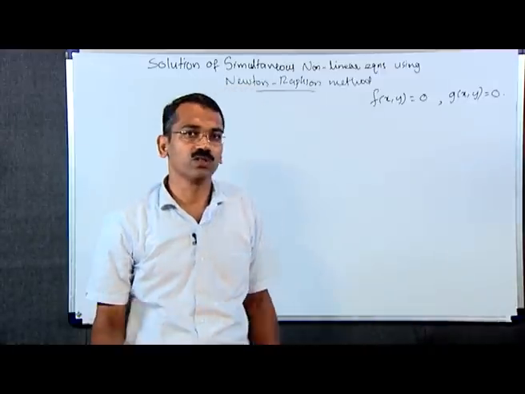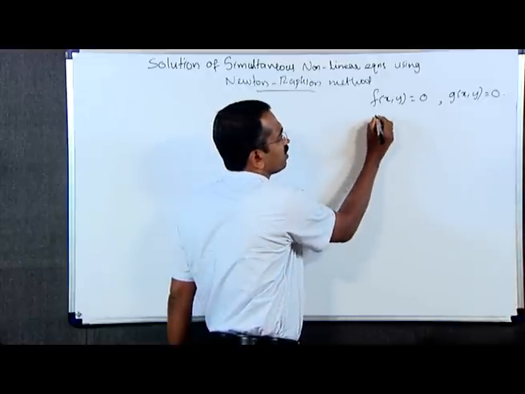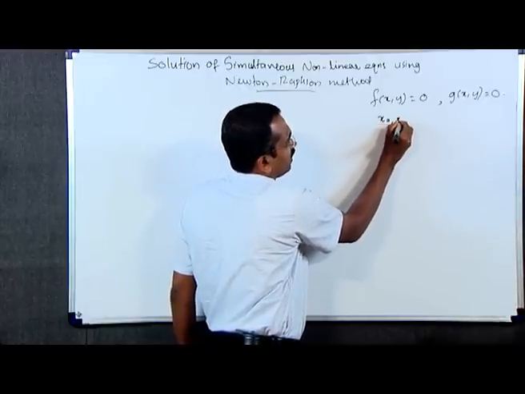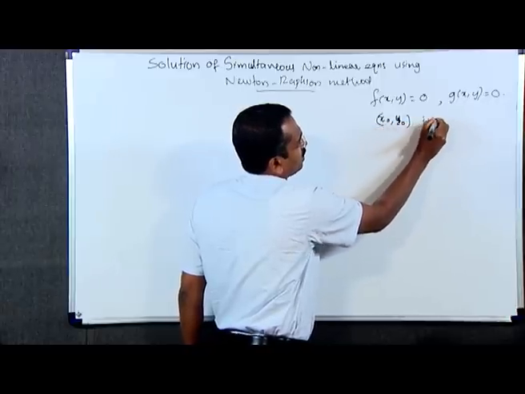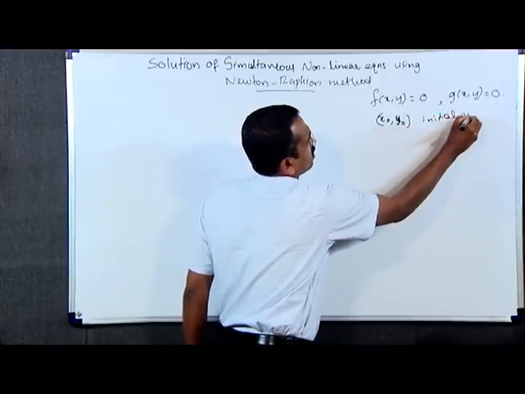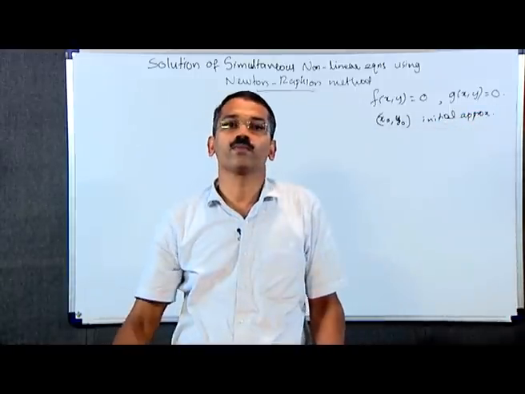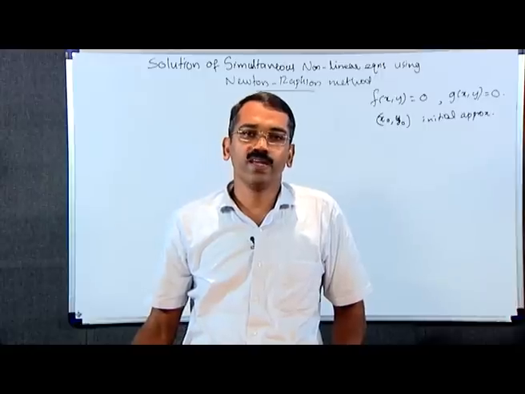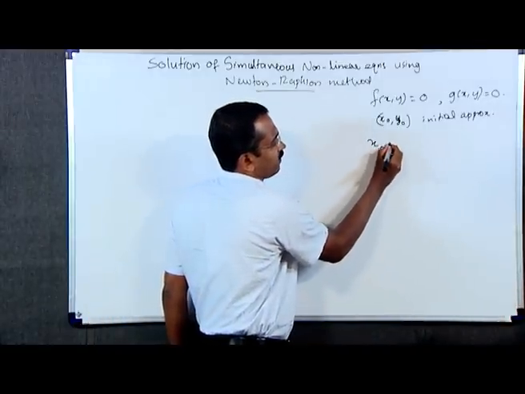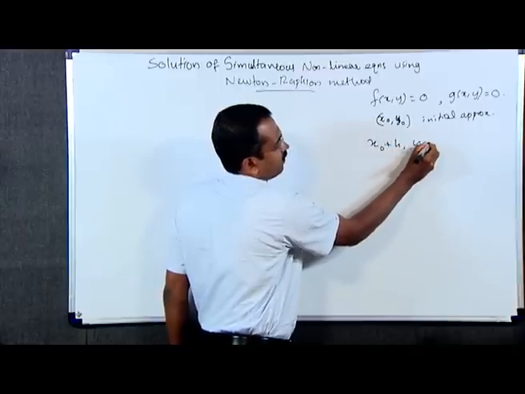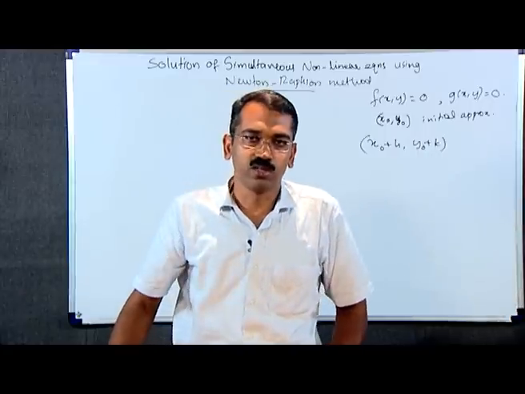Let (x0, y0) be an initial approximate solution of the equations. We are taking (x0, y0) as an initial approximation. Let (x0 + h, y0 + k) be the actual solution.